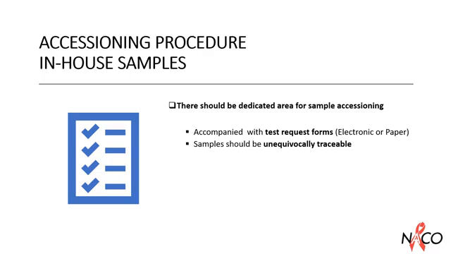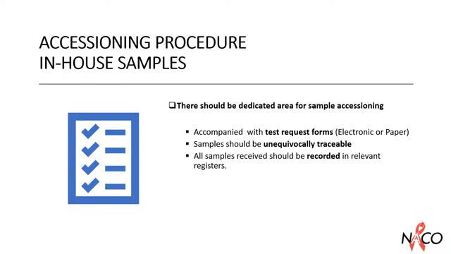Samples should be unequivocally traceable by request and labeling to an identified client by unique identification number and laboratory number. All samples received should be recorded in relevant registers. The date and time of receipt and/or registration of samples should be recorded in the respective register.